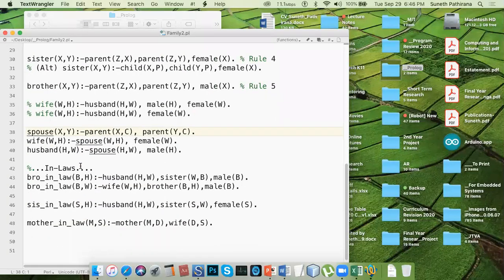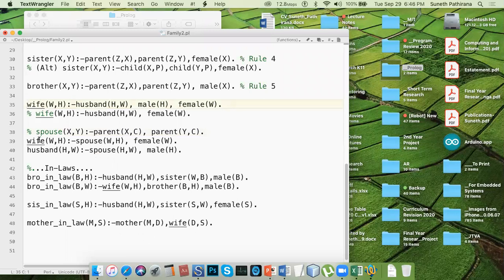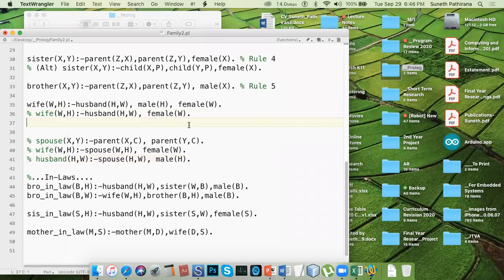So we will comment this, and I uncomment this one, and I comment this one as well, this one as well, and define the husband relationship below there.